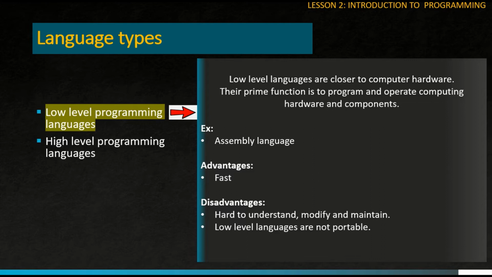But there are some disadvantages also associated with low-level languages. Like, low-level languages are not user-friendly. Code written in these languages is fairly difficult to understand and modify, because most of the coding follows binary instruction patterns. Another disadvantage is that low-level languages are not portable.